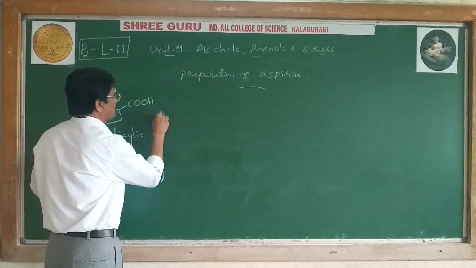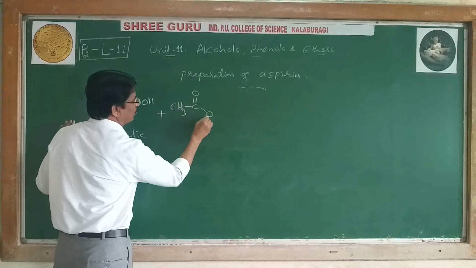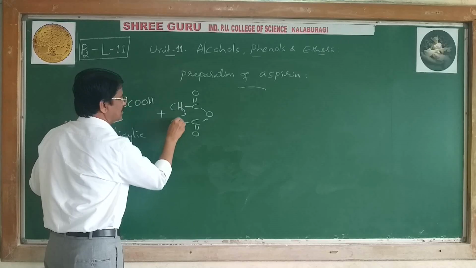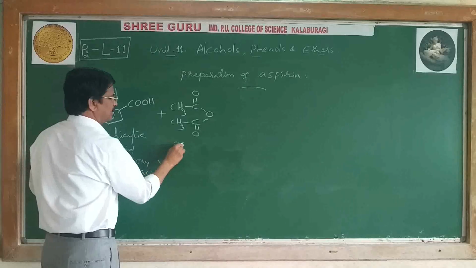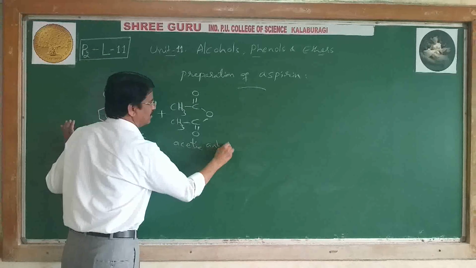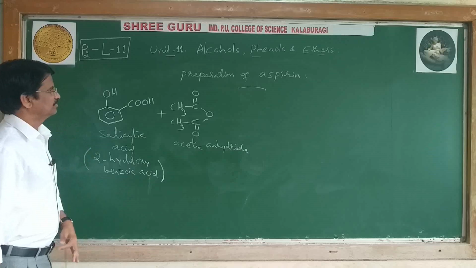Now this compound is heated with CH3COOCOCH3. It is named acetic anhydride.